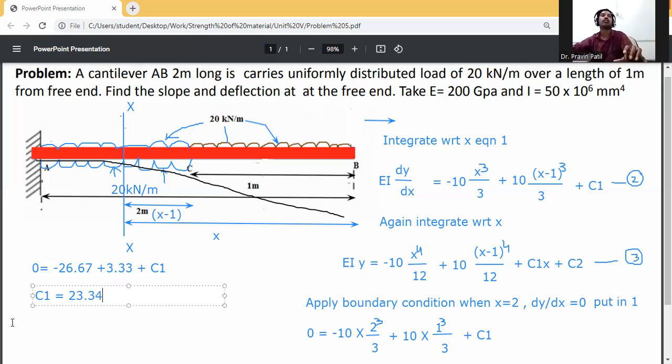23.34 is the C1 value. Now apply the second boundary condition. When x is equal to 2, y is equal to 0.